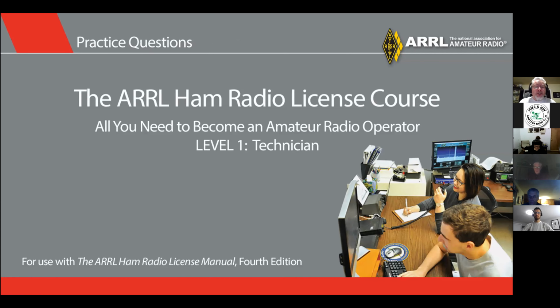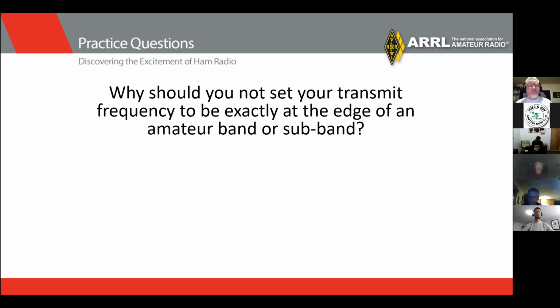Now for some questions. Why should you not set your transmit frequency to be exactly at the edge of an amateur band or subband? You can go ahead and unmute and give a shout out.